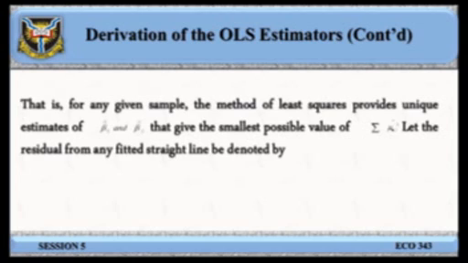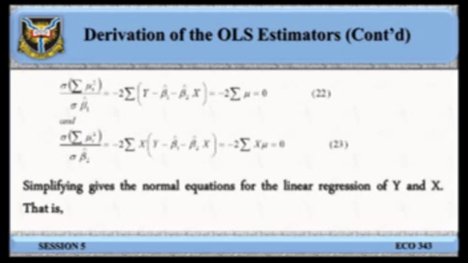Let the residual from any fitted straight line be denoted by ui estimator equals yi minus yi estimator equals yi minus beta 1 estimator minus beta 2 estimator xi, i equals 1, 2, ..., n, equation 21.